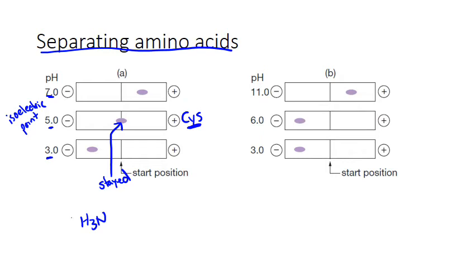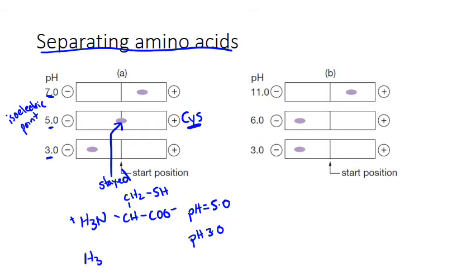its zwitterion is this here, and we have CH2SH. Okay, so at pH of 5, this is what it is. Now at a lower pH, so at a pH of 3, it should be positive.